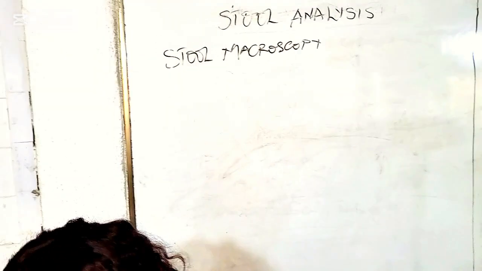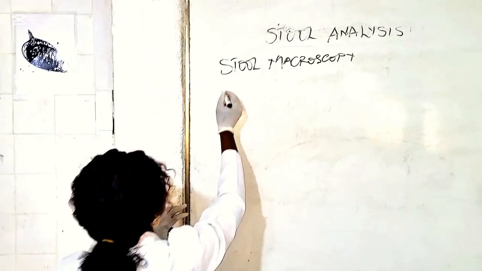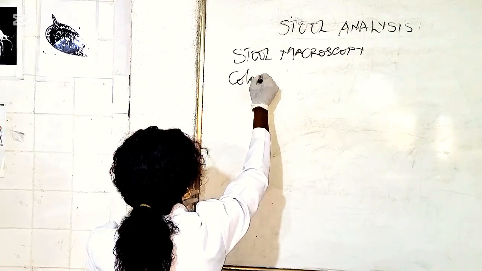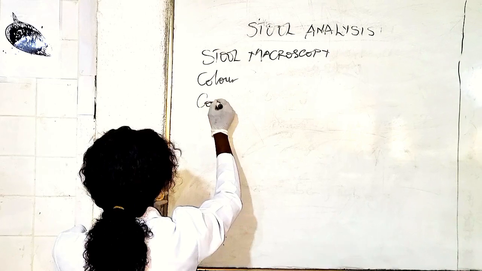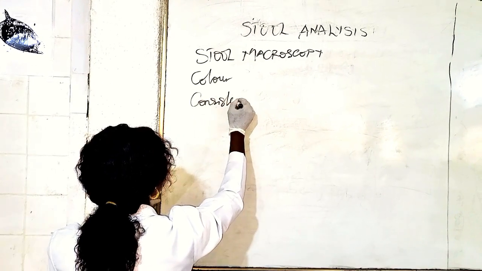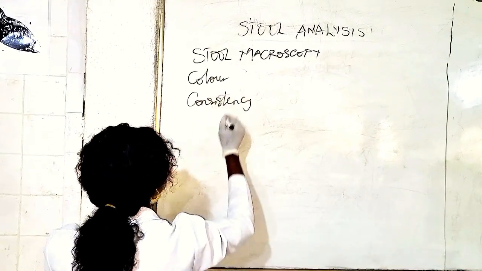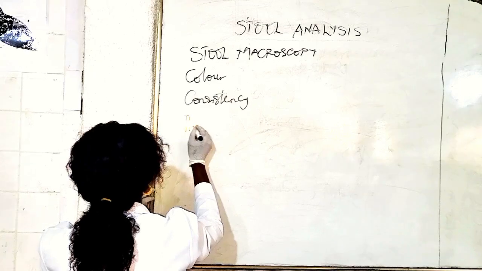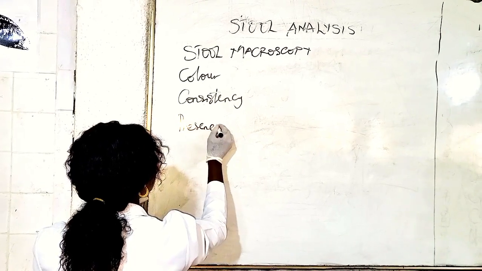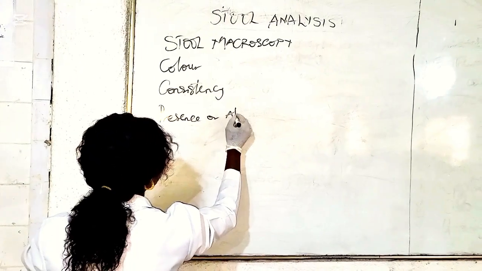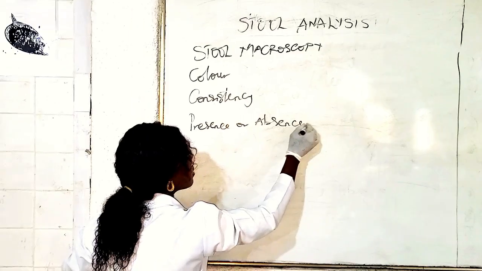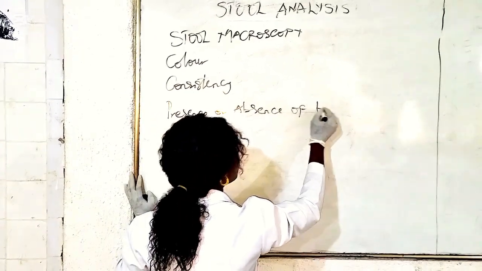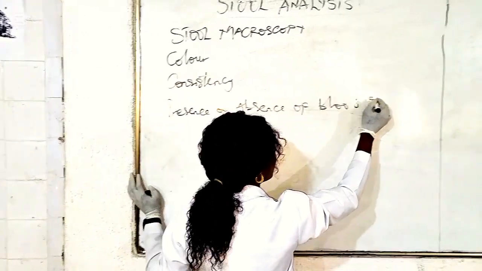There are several things to look out for in stool macroscopy. You look out for the color of the stool. We check the consistency of the stool sample, and we check for the presence or absence of blood and pus.